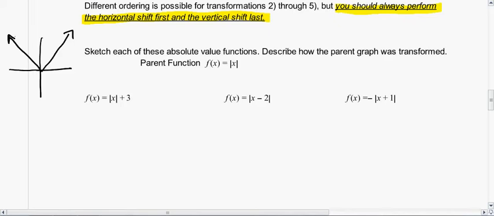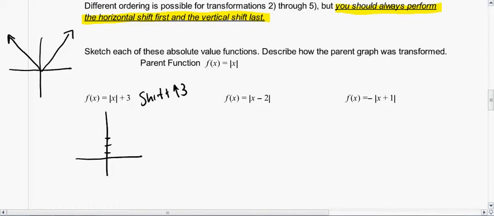Okay, in our first problem, it looks like we're adding 3, which means that we have a vertical shift. We're shifting up 3. Shift up 3. So the graph is going to look like this.